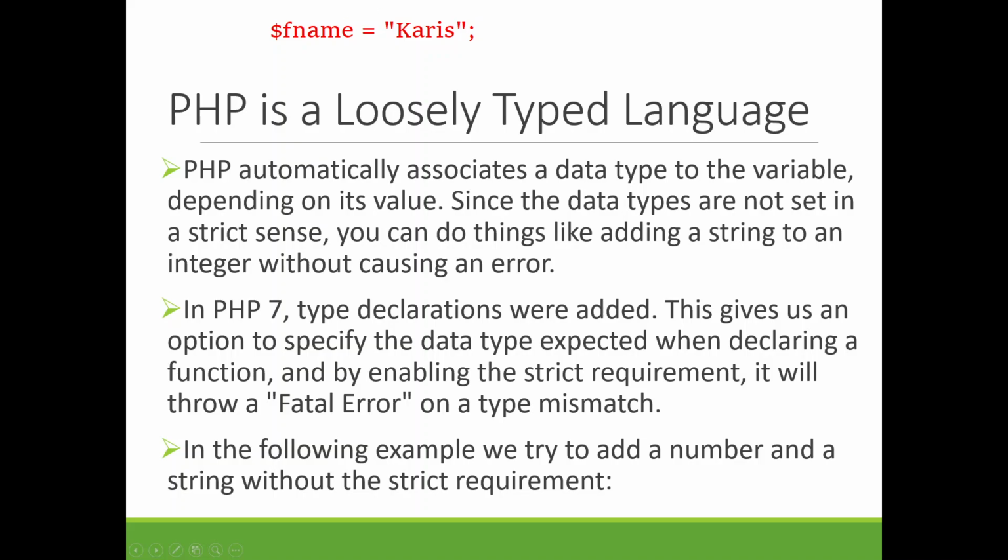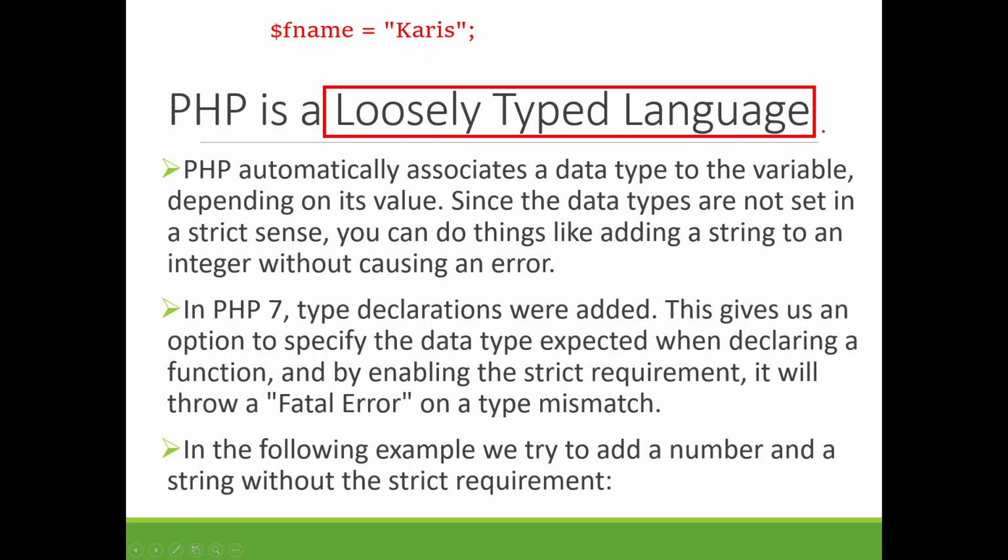Now, such languages are termed loosely typed, in that you don't have to specify the data type when you're declaring this particular variable. In C, we could have done something like string fname.